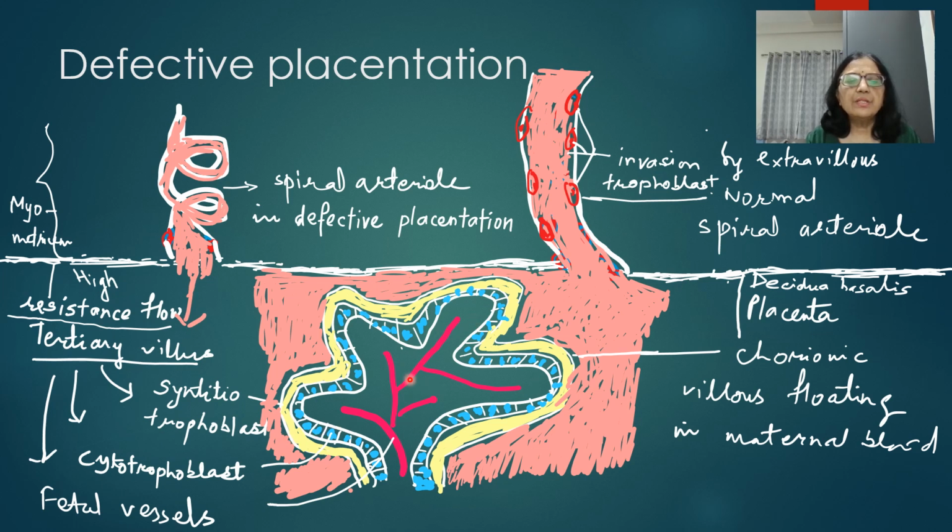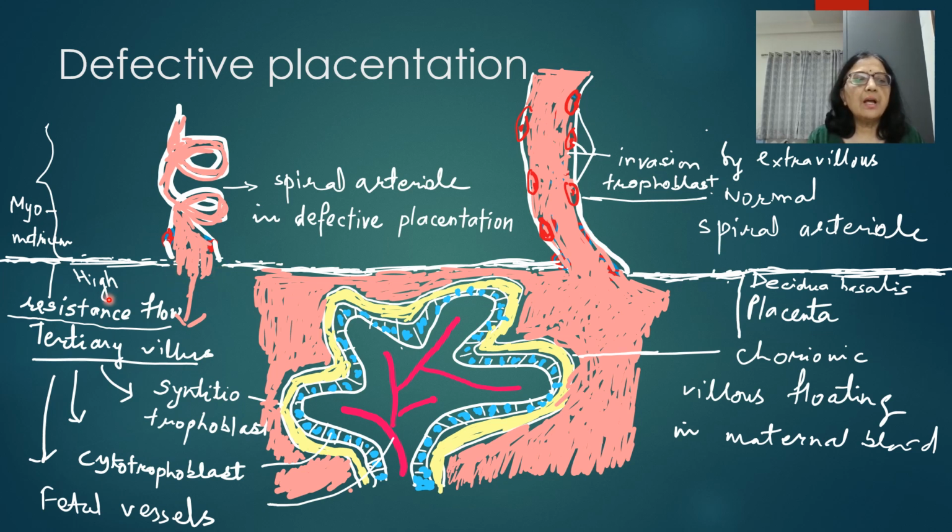Now, what is happening with defective placentation is that the spiral arteriole invasion is incomplete. Especially the myometrial component remains constricted, so that even if the opening is wide, the diameter of the myometrial component of the spiral arteriole is less by around 50% as compared to the opening.